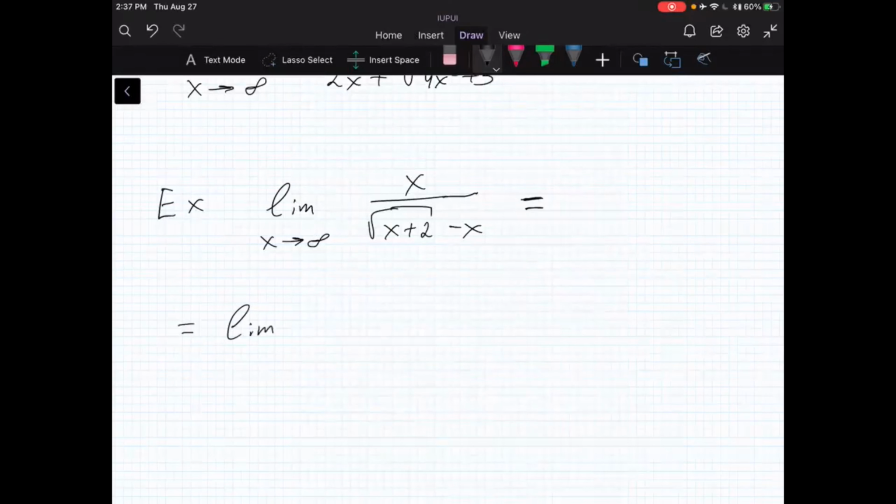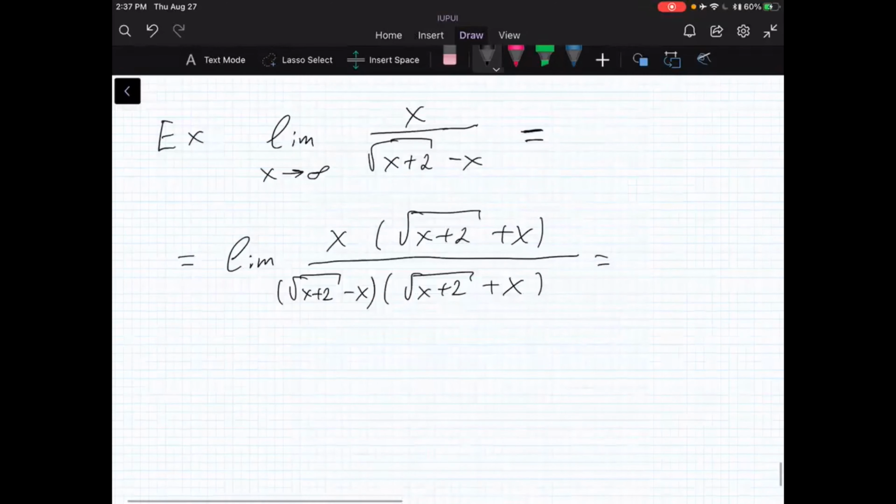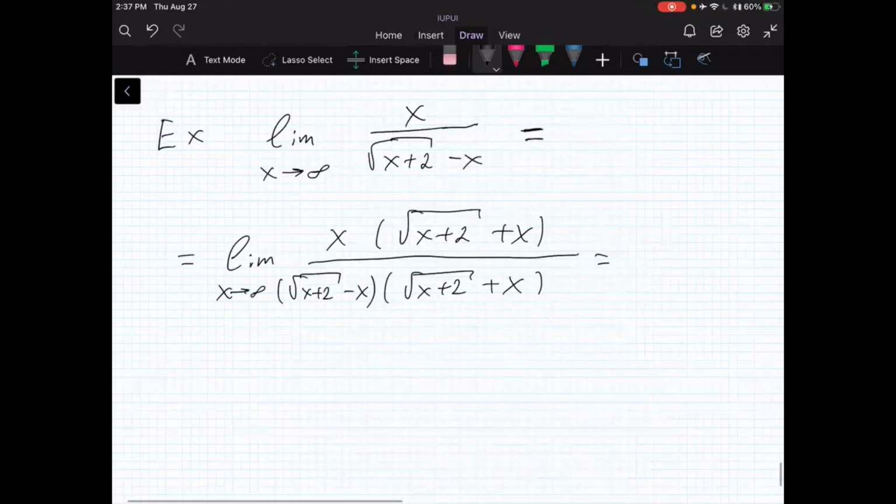So again, when you see irrationality, you should rather get rid of that. One way is to multiply again by the conjugate. So you might multiply by the square root of x plus 2 plus x, and I divide by the same square root of x plus 2 plus x. And here is my square root of x plus 2 minus x, and x goes to infinity.